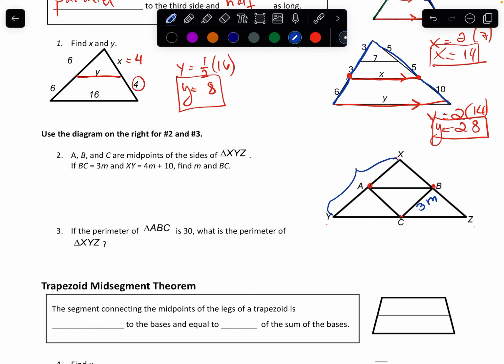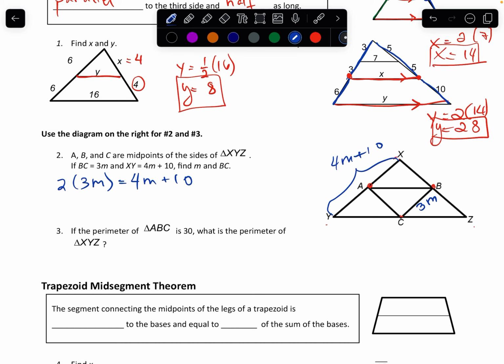And XY is from here to here, and that's 4m plus 10. So 3m is the shorter side. So if I double it, I should equal 4m plus 10. So let me double my 3m, and that's going to be equal to 4m plus 10.